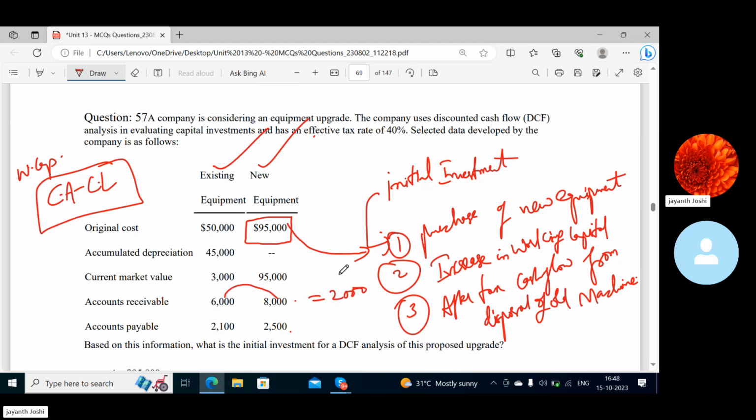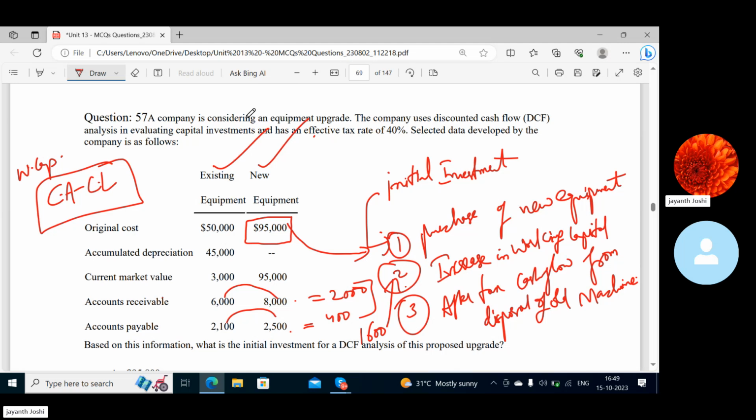That is the increase in receivables, and there is an increase in payables, 400. The difference happens to be 1600. So we got the second one also, right?